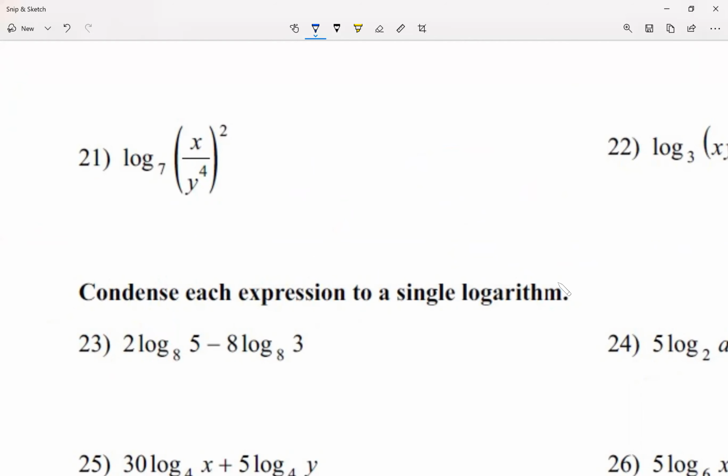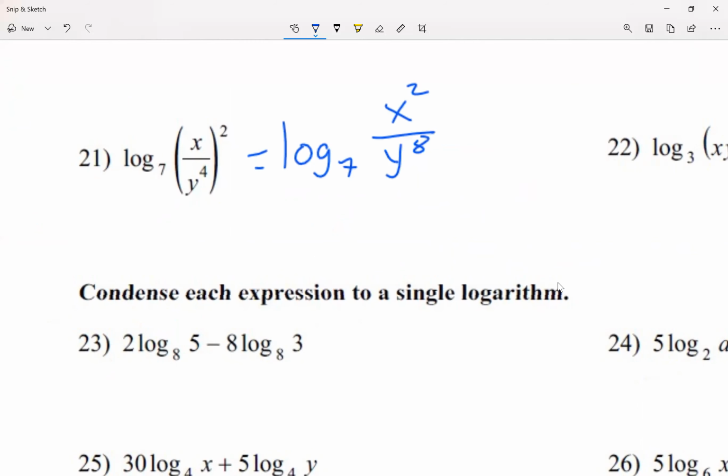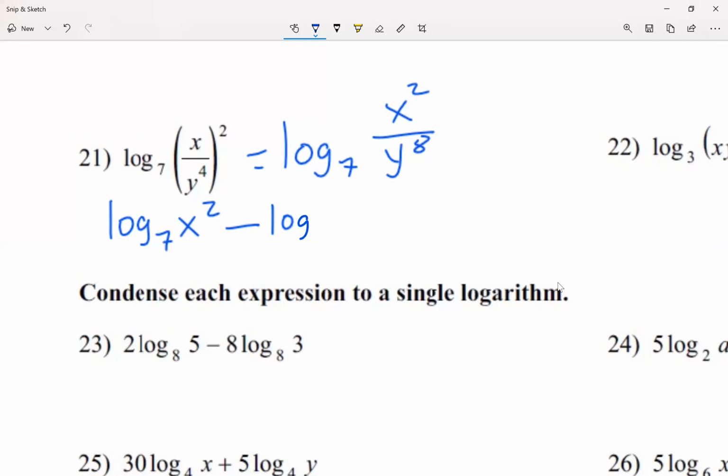So to begin with, let me rewrite this as log base 7 of x squared over y to the 8th. Notice how the 2 outside of my parentheses, I multiplied it to each exponent on the inside. So let me rewrite this as log base 7 of x squared minus log base 7 of y to the 8th.